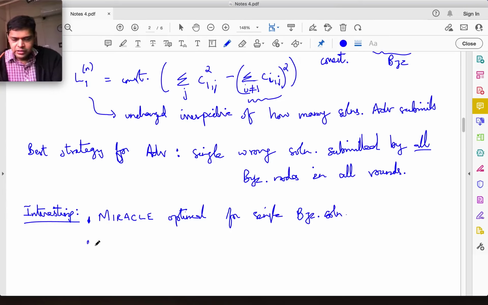And the interesting thing to note is that the optimal thing for the Byzantine adversary to do is to submit a single solution. So the optimal strategy for Byzantine nodes is to submit a single solution.